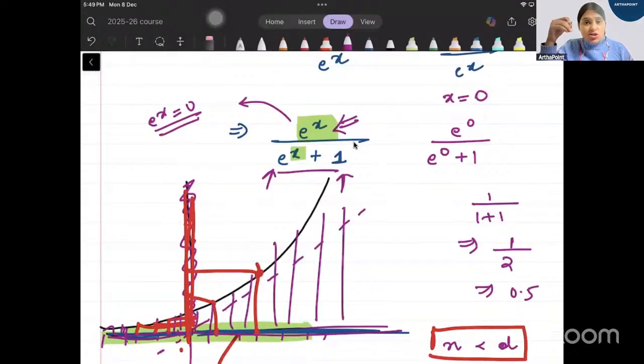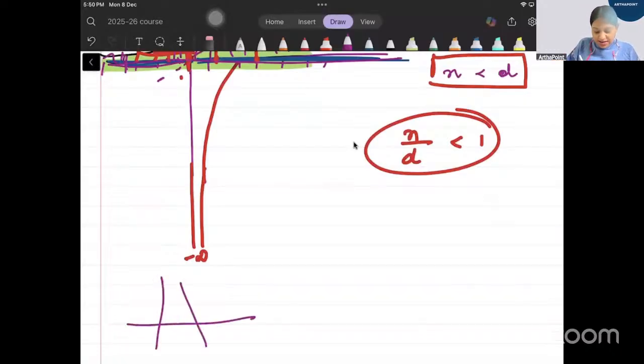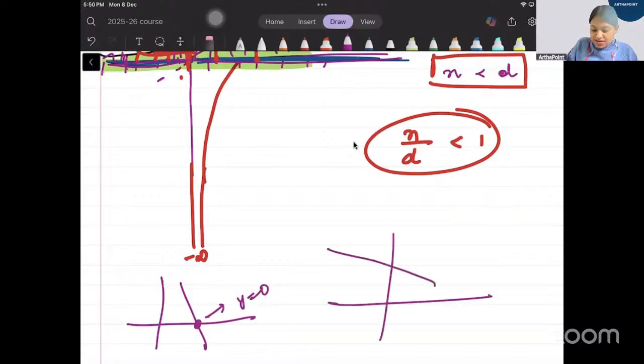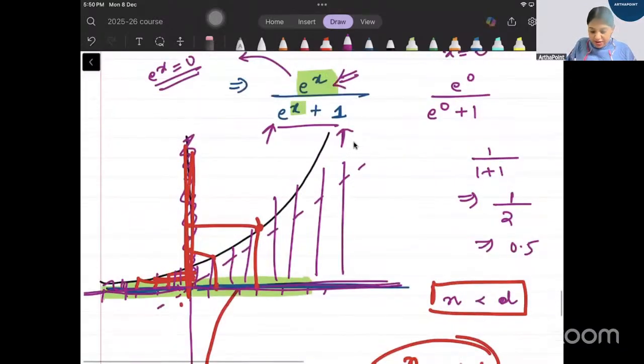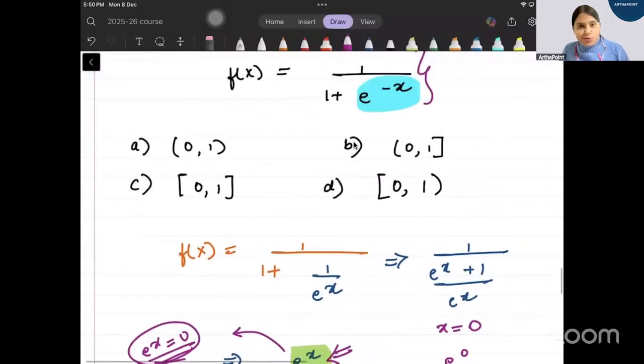When y is 0, it means you are cutting the x-axis. When you cut the x-axis, y is 0. And when you cut the y-axis, x is 0. So it's not cutting the x-axis anywhere. So the numerator is not 0. It's some positive number. So since the numerator cannot be 0, you're not including 0.